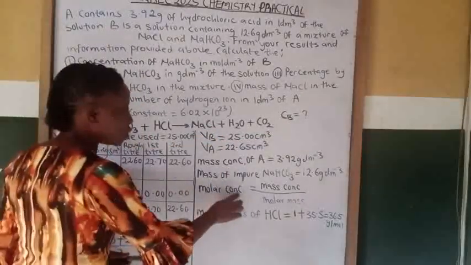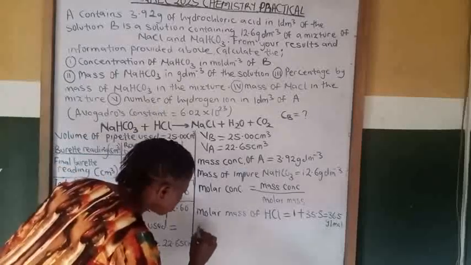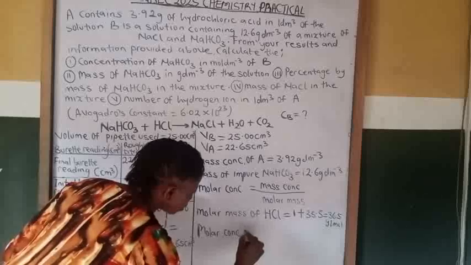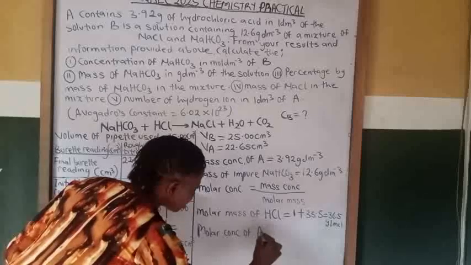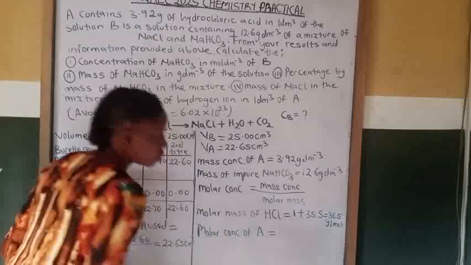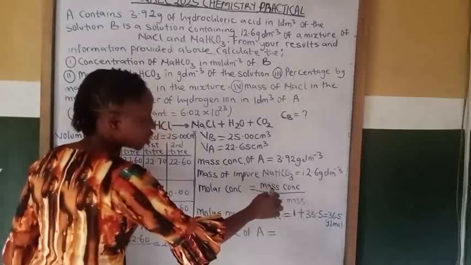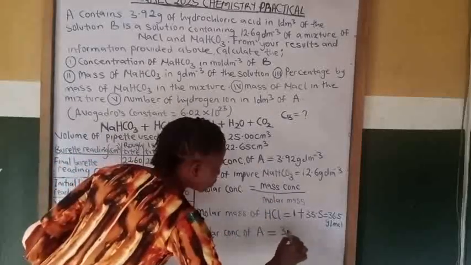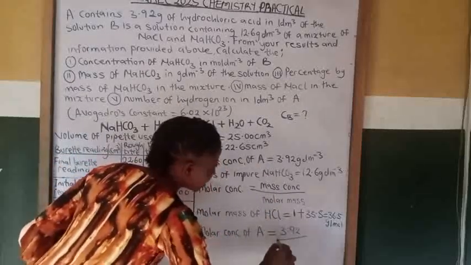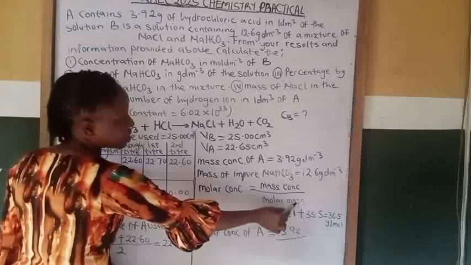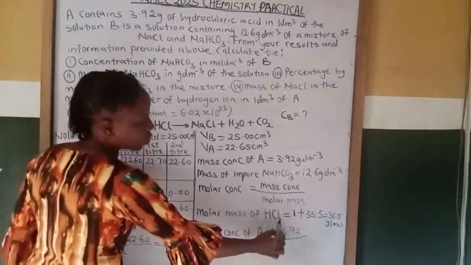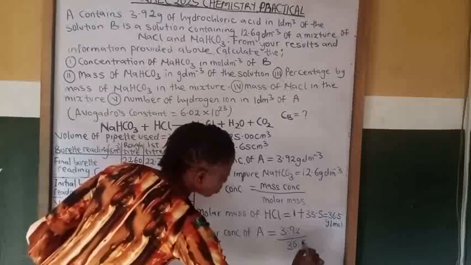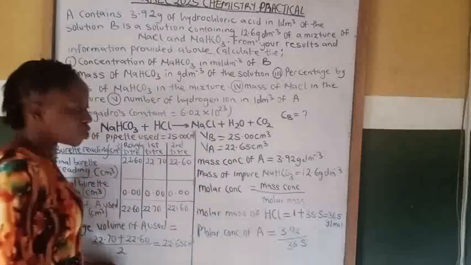So from there, we'll be able to look for the molar concentration of base. Now we can come back to the molar concentration of acid. Molar concentration of acid is equal to mass concentration of acid, which is 3.92, divided by the molar mass of acid, 36.5.